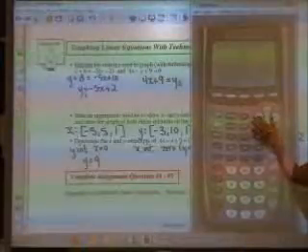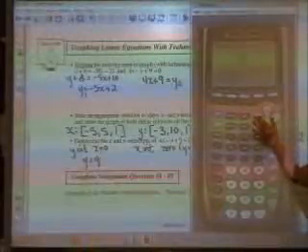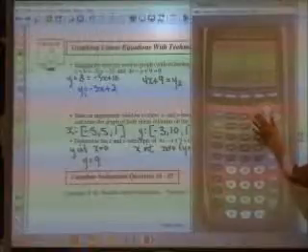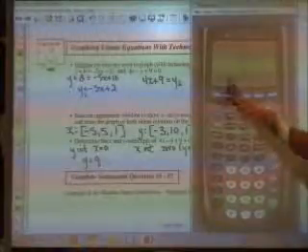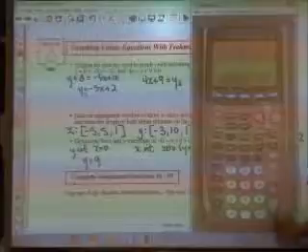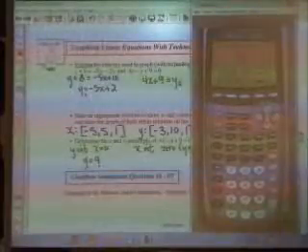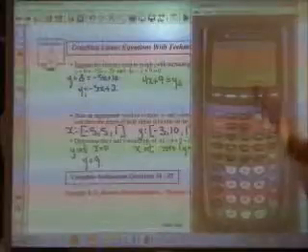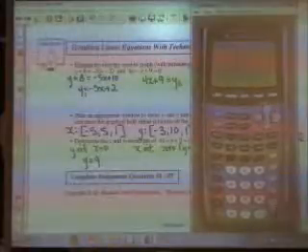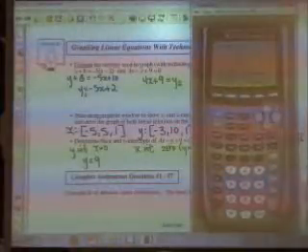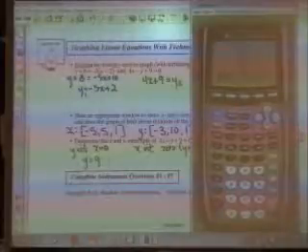And then I need to be on the left side of that x-intercept, which is going to be in the negative y's. I press enter. Then I need to move to the right side, which is the positive y values. Make sure the arrows point. And what do I get?